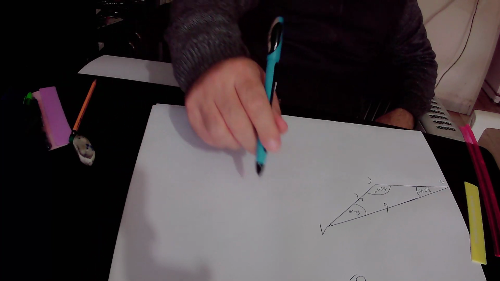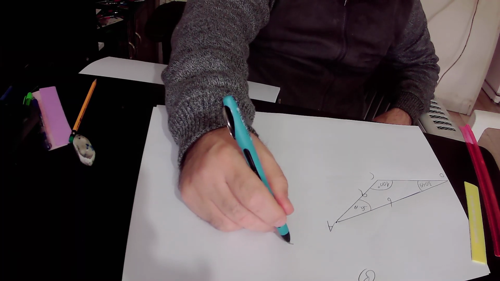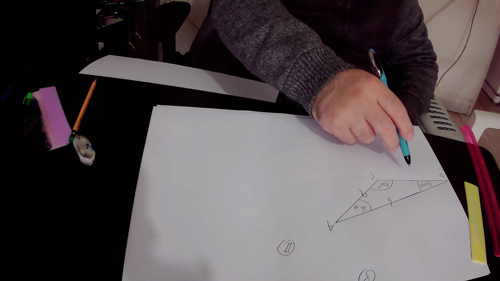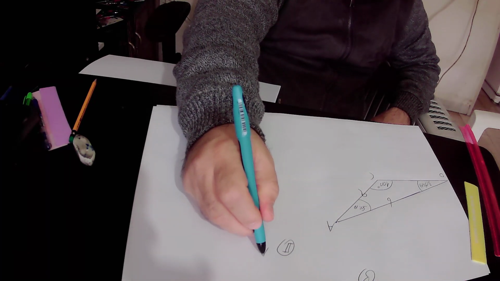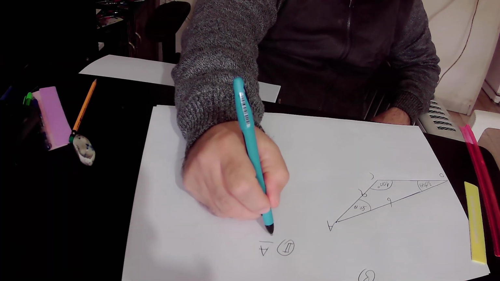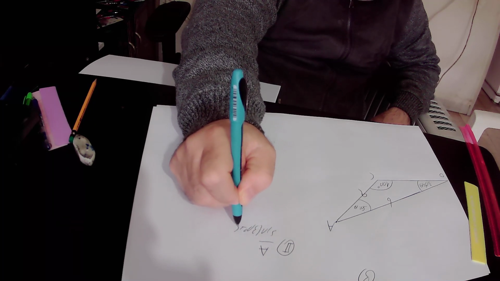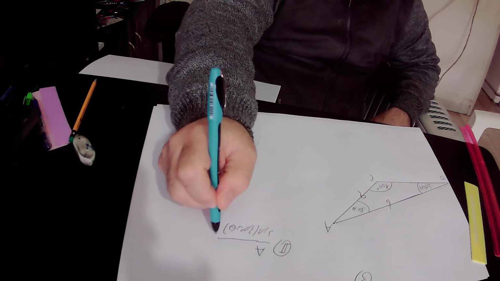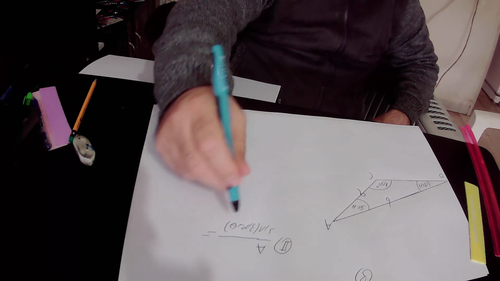According to the law of sines, A over sine 30 degrees plus theta will be equal to B over sine 100 degrees.